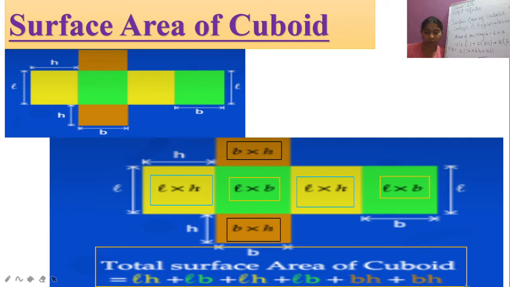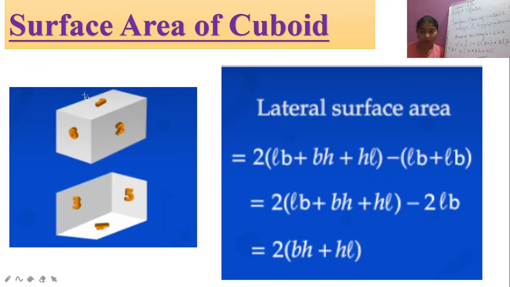Now students, if we talk about the lateral surface area of a cuboid, here you can see that for the lateral surface we don't have to cover 2 sides. If I don't want to cover the bottom and the top, I have to leave that area. We have 6 faces, as you can see, 1, 2, 3.